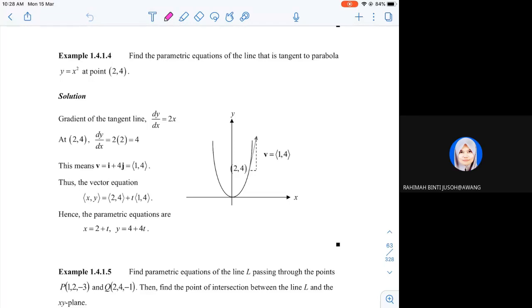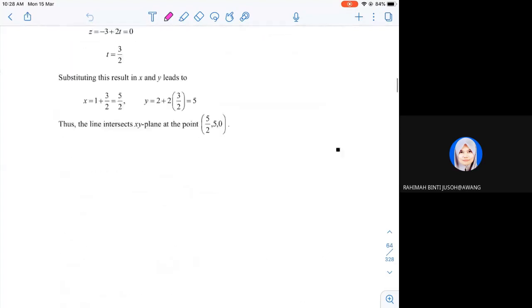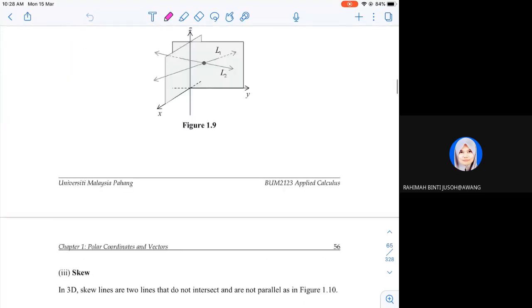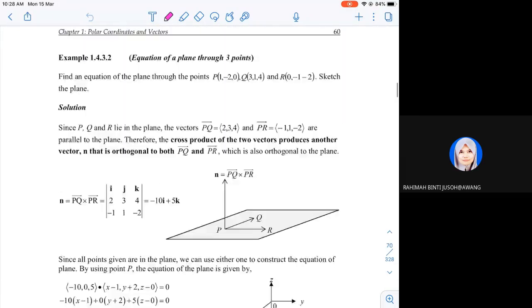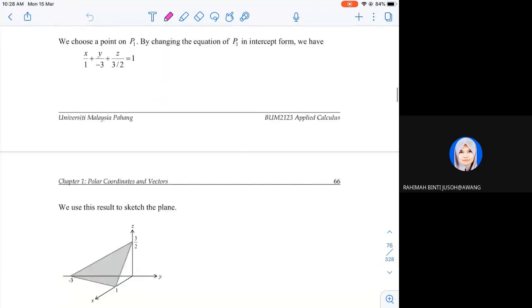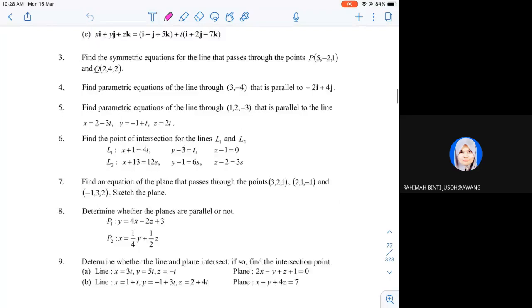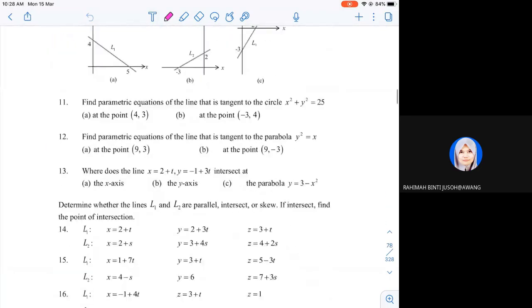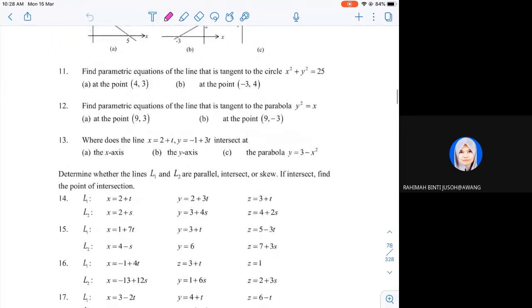We have tangent. So again, we go back to the exercise and look for a question with tangent. Let's say we do question number 11.